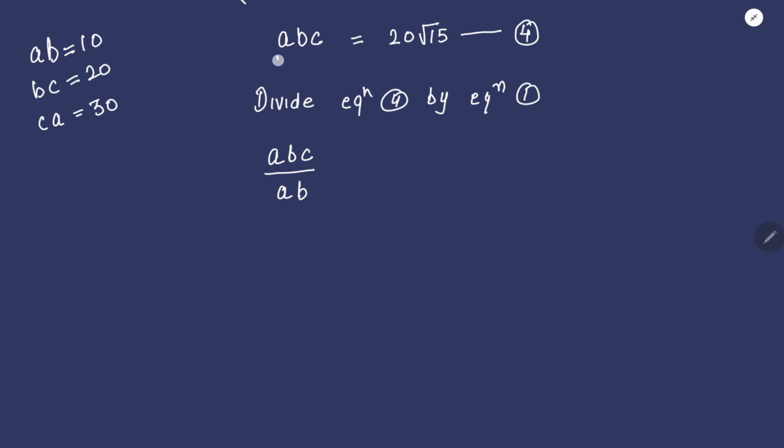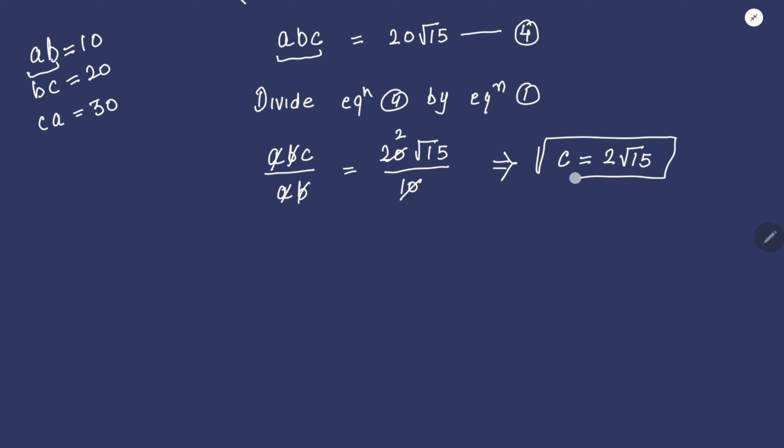I will divide left hand side by left hand side. So it is ABC by AB and right hand side is 20 root 15 by 10, right? Which implies A and B cancelled out, which implies C is equal to 2 root 15 because 10 times 2 is 20, right? So C is equal to 2 root 15.